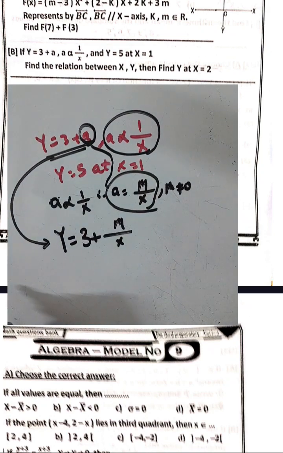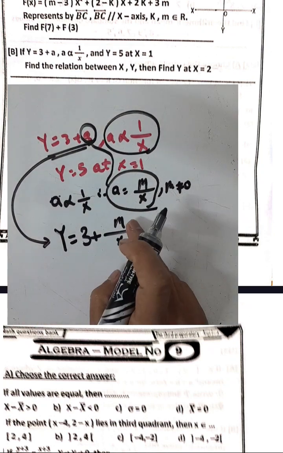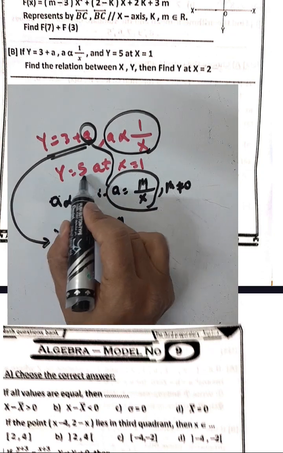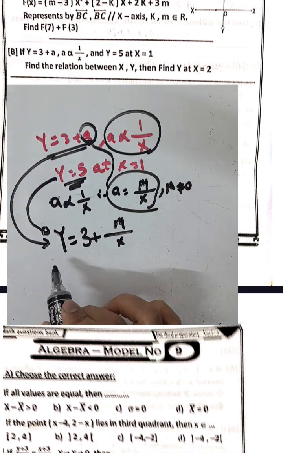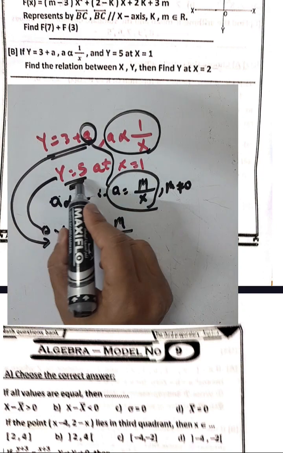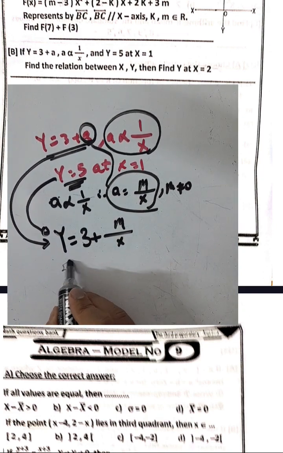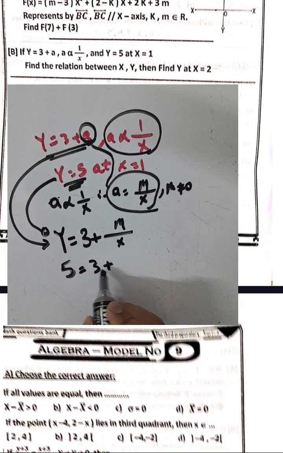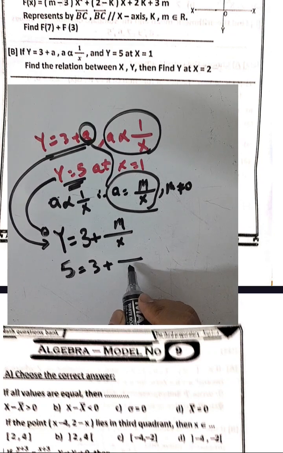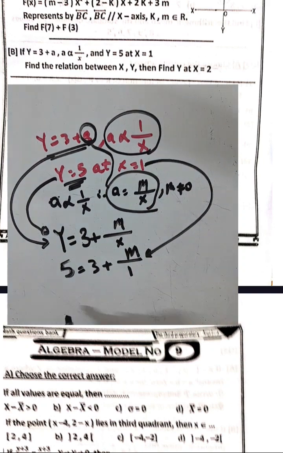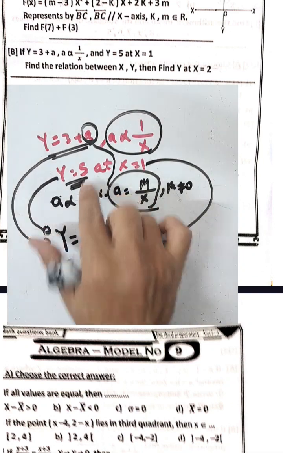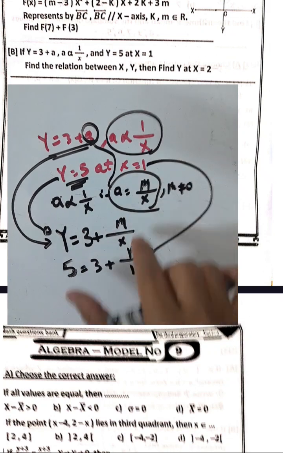Then y equal 3 plus m over x. At y equal 5, x equal 1, put these in the function: 5 equals 3 plus m over x, where x was equal 1.